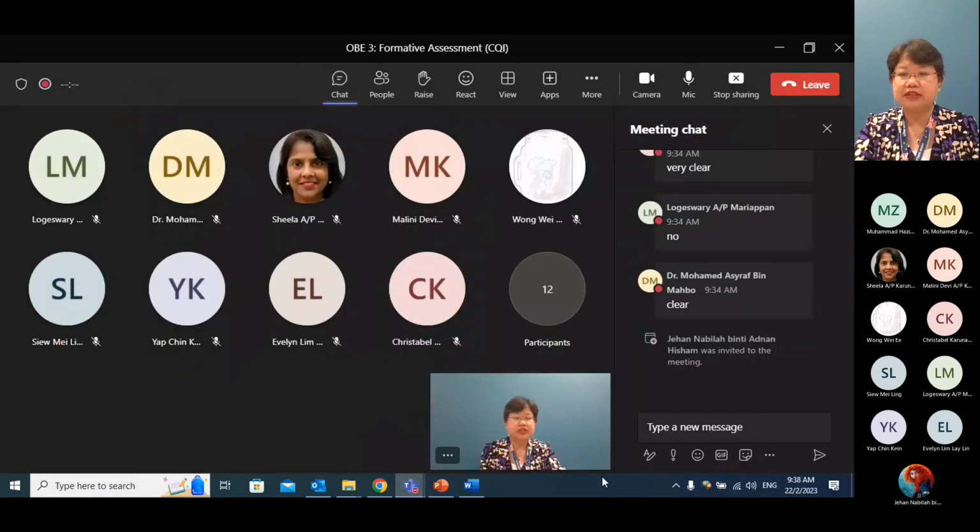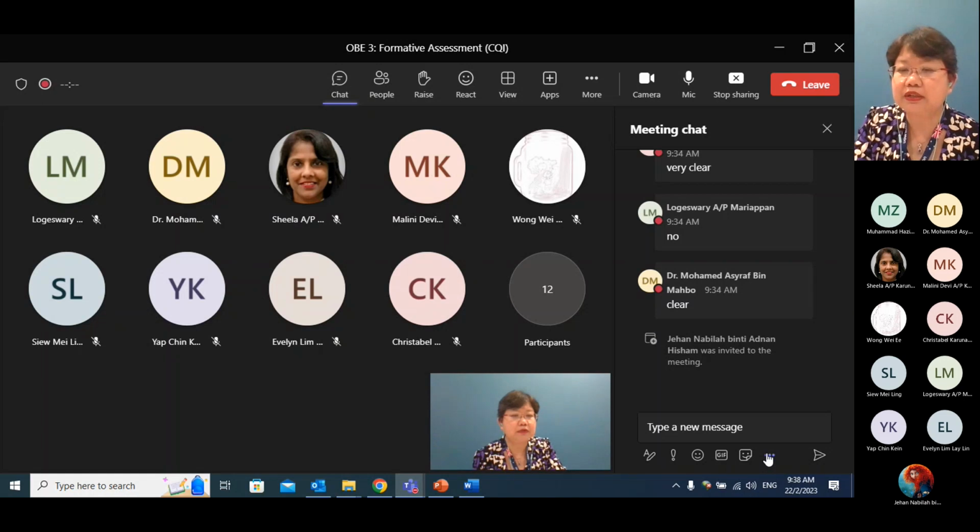Let me just try to share the worksheet over here. I don't know whether I can or not. How do I share the worksheet here?